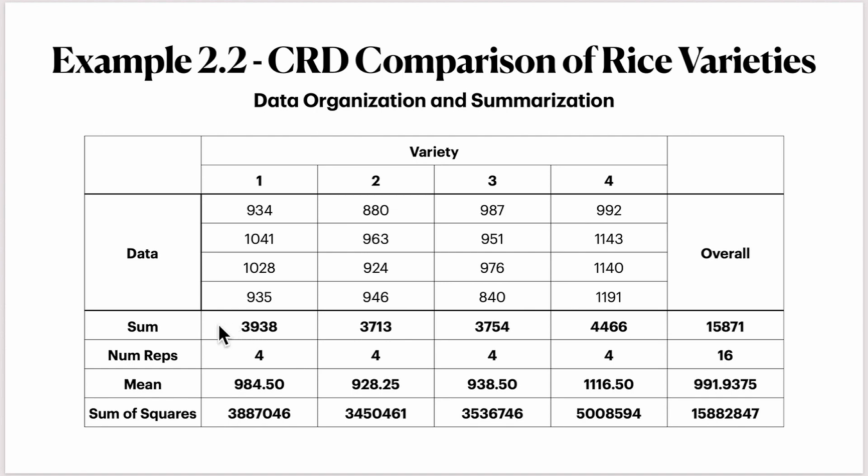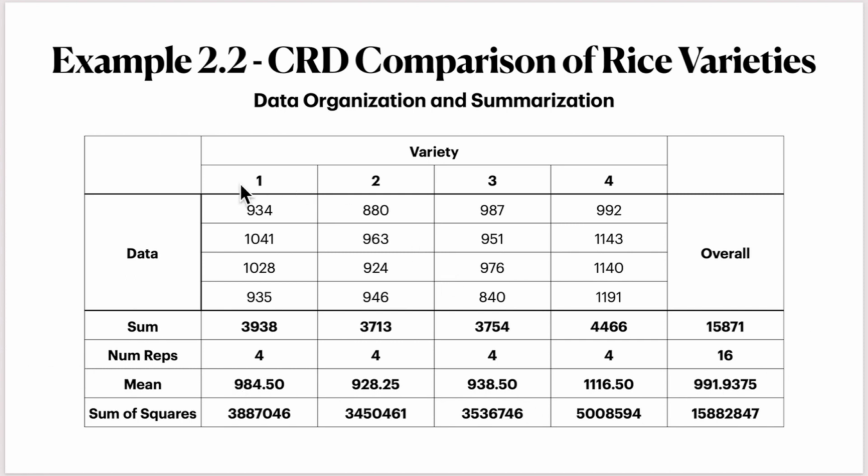In particular, the sum of the observations, the number of reps, the sample mean, and then the sum of squares for the values in each of these samples. Once we have the sample summary statistics, we can calculate the overall summary statistics as well. And so what I would recommend is go ahead and do these calculations, making sure that you get the same answers that I've got here.